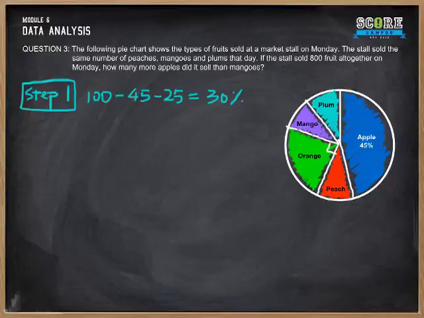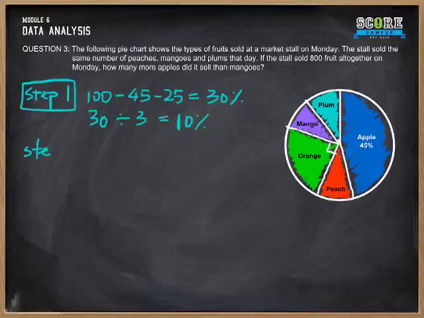And they're all equal. They sold the same number of peaches, mangoes, and plums, which means mangoes equals what? 30 divided by 3, which equals 10%. Now, we can easily calculate how many mangoes and apples were sold on Monday. We need to do that first before we know the difference.